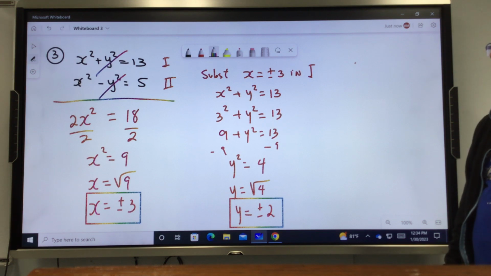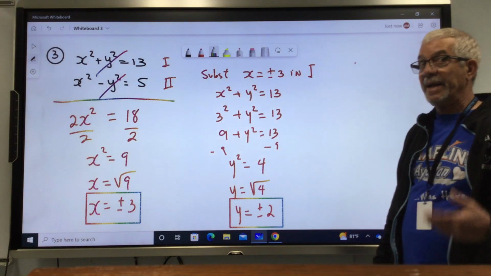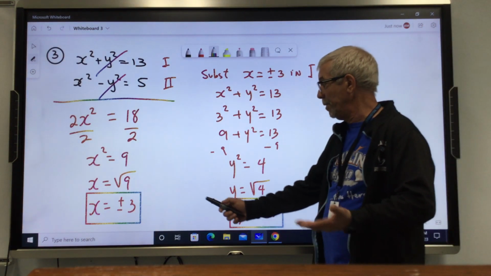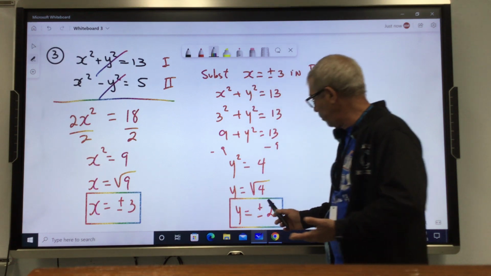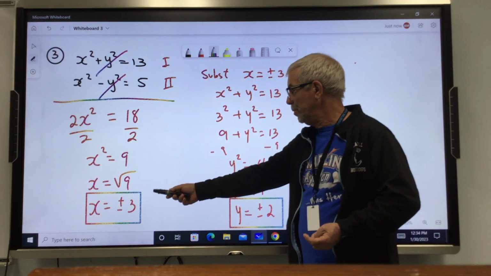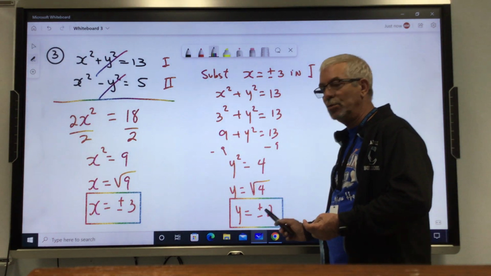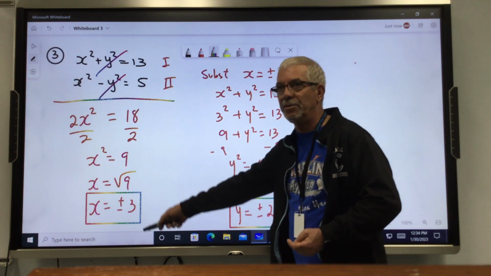All right? Now we need to write the solution. Remember that we have a combination between positive and negative 3 and positive and negative 2. That can be 3, 2; 3, negative 2; negative 3, 2; negative 3, negative 2.